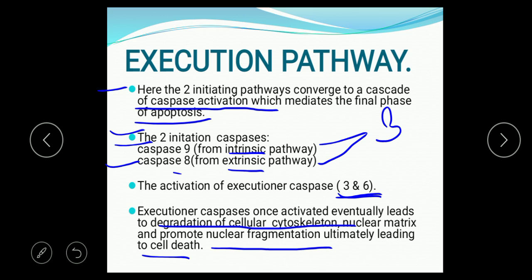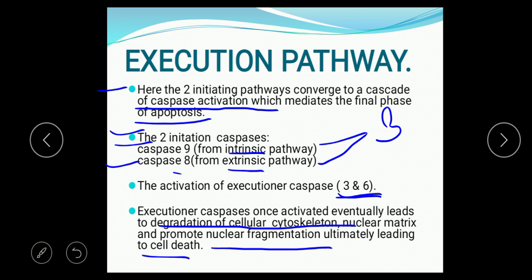And proteases will break down necessary proteins like actin and microtubulin, which means they finally break the cytoskeleton of the cell.